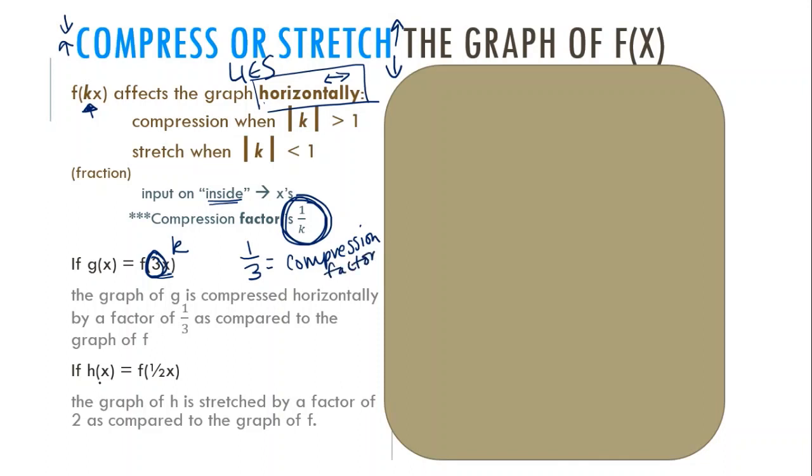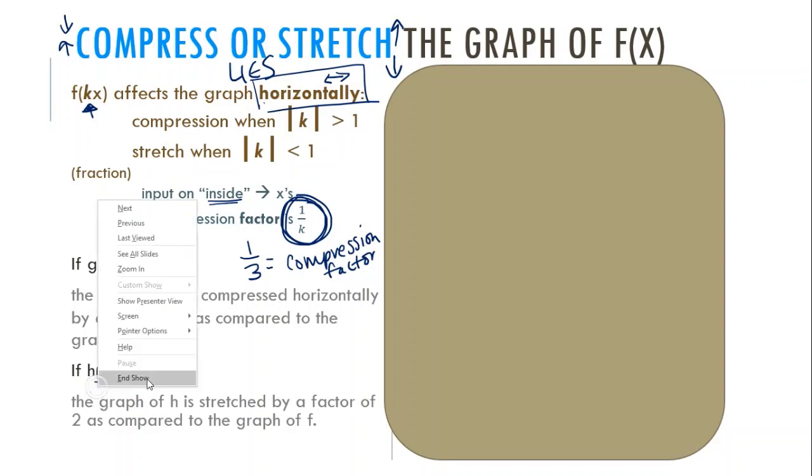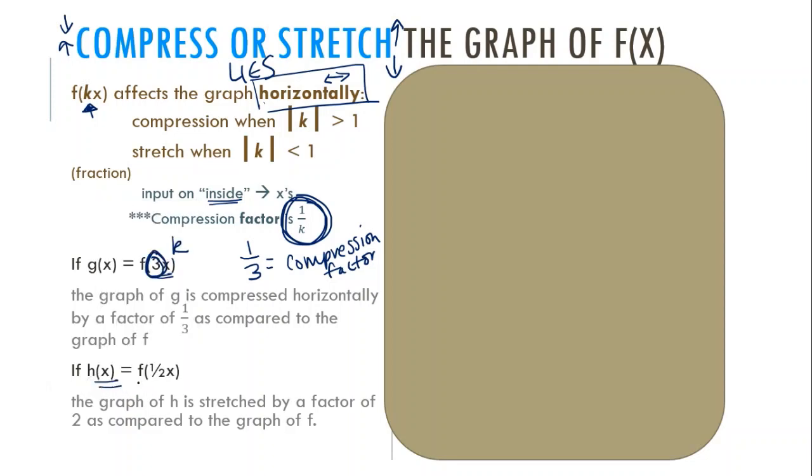Whereas if I had a function h of x that started as a parent function, f of x, but I have a compression factor here of 1/2, when I put that 1/2 in the denominator, that's really the same thing as 2. When I divide by a fraction, you're really multiplying by the reciprocal. So in the second example, the graph of h is stretched by a factor of 2 as compared to the graph of f.